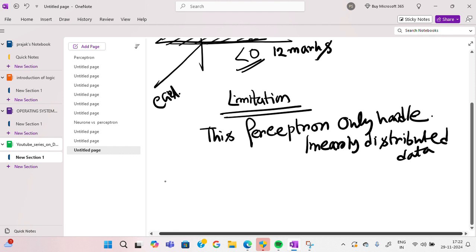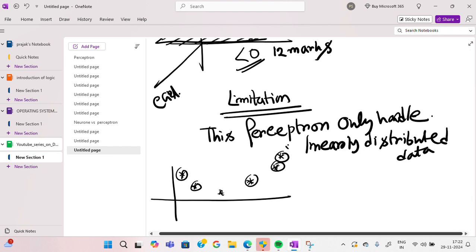If we consider this data, these points cannot be separated by the perceptron line.